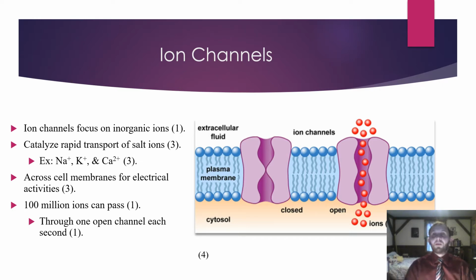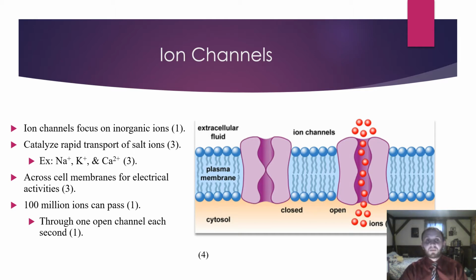Their main function is to allow these ions to come across the cell membrane and go within the cell itself. So basically, they allow these ions to go across the cell membranes in order to enable electrical and chemical activity in the body.